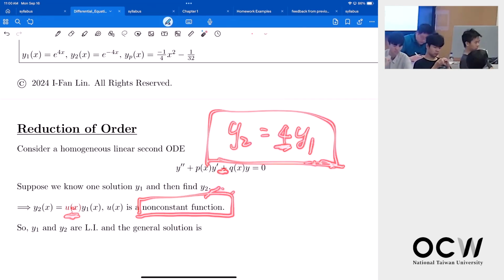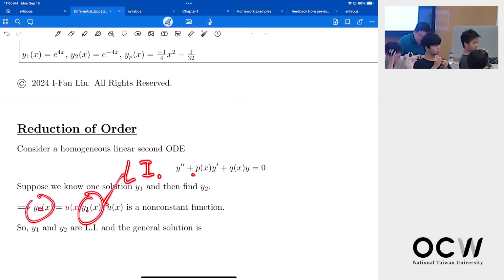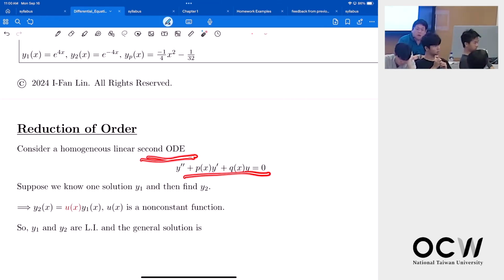So here we assume that this is u of x. Since it is u of x, these two functions, y1 and y2, are linearly independent. They can form the fundamental set of solutions of this second order differential equation.